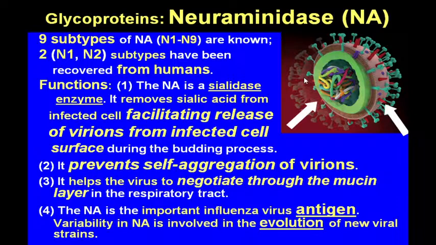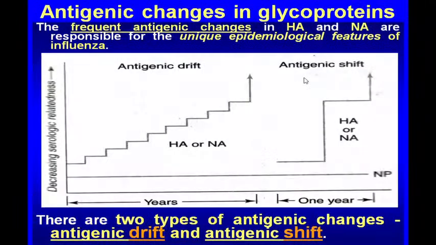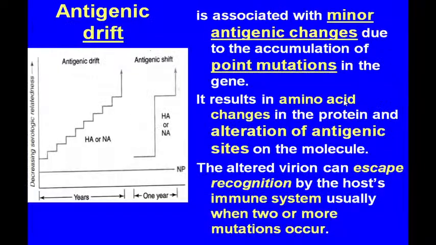We discussed the replication cycle, then take a look at the sites that are targets for antiviral therapy. But before that, we have to mention these two types of changes that result from mutations, which is called antigenic drift, and from genetic reassortment, which is called antigenic shift.